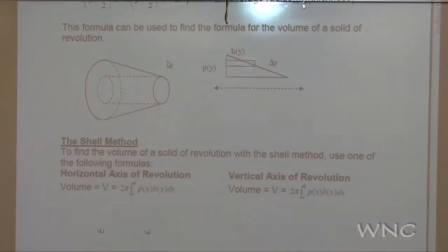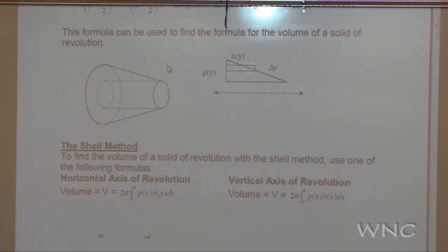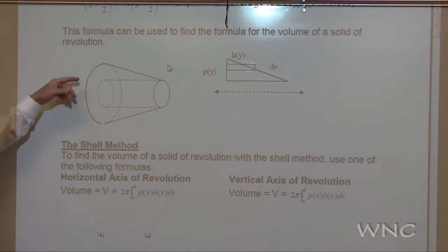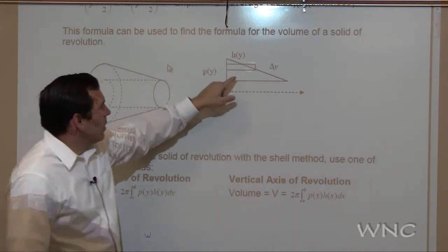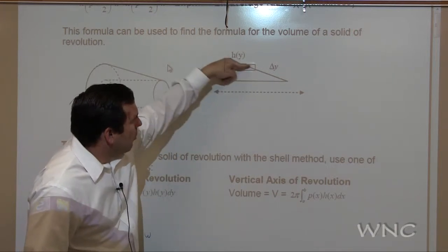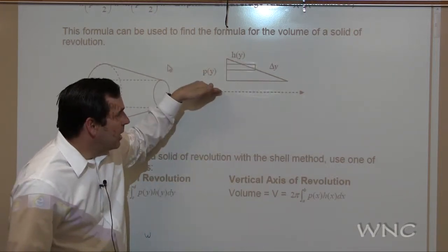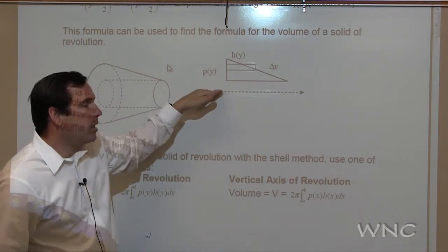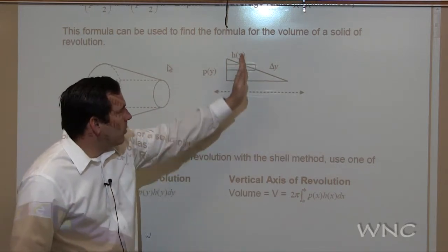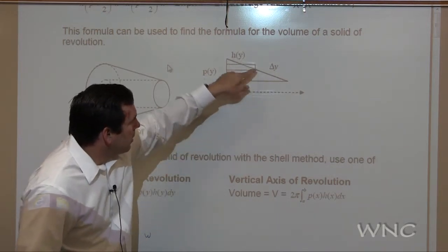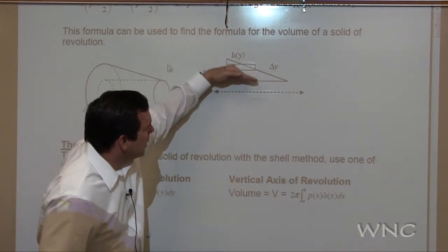Now this formula can be used to find the volume of a solid of revolution, like we've been talking about, where in this case the approximating rectangle will be parallel to the axis. In the previous case with the disc method and the washer, it was perpendicular. So we're talking about how this is changing as it grows out.